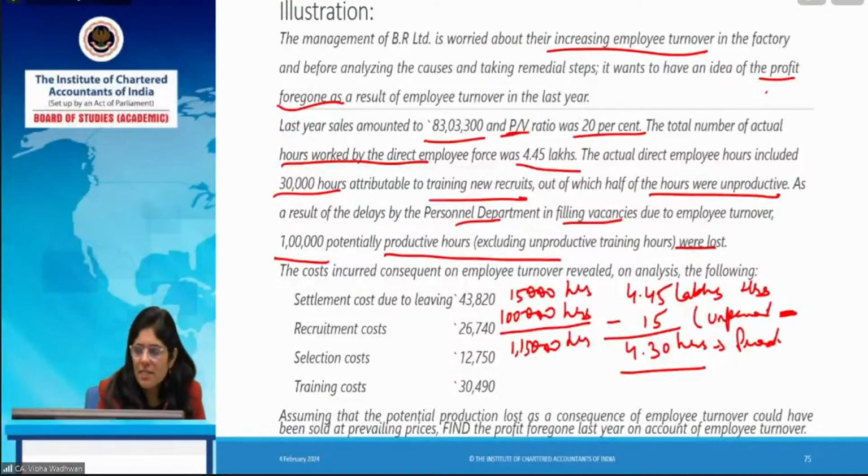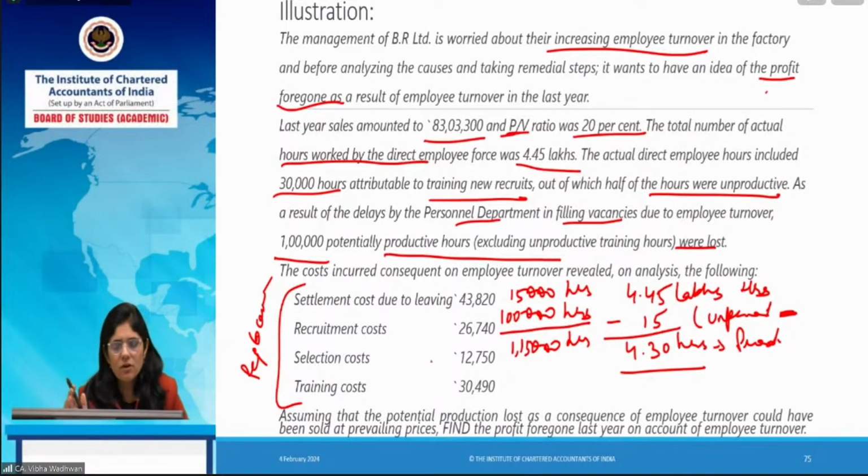And these costs, settlement costs due to leaving, recruitment, selection, training, are basically the replacement cost. These are the extra cost also you are incurring. Clear? Assuming the production lost as a consequence of employee turnover could have been sold at prevailing prices. Okay.